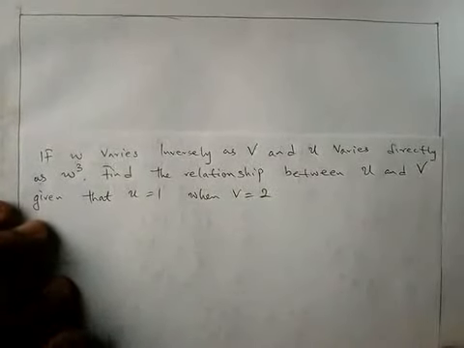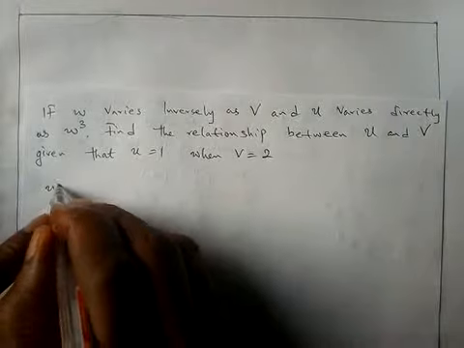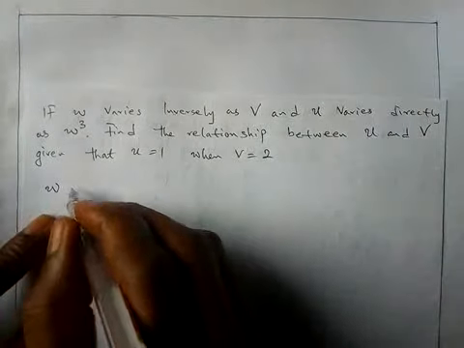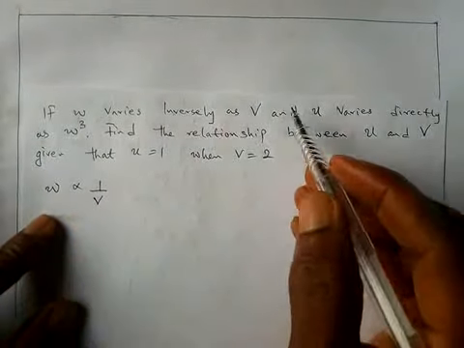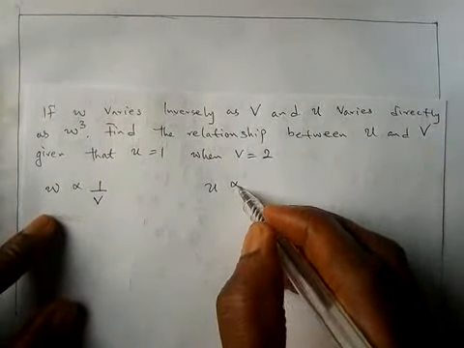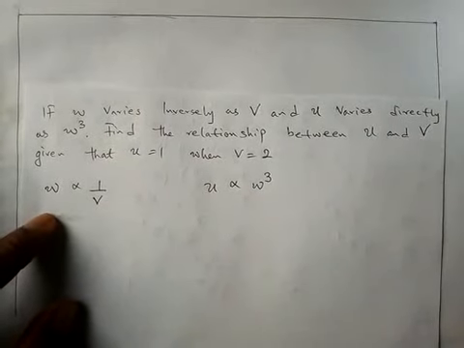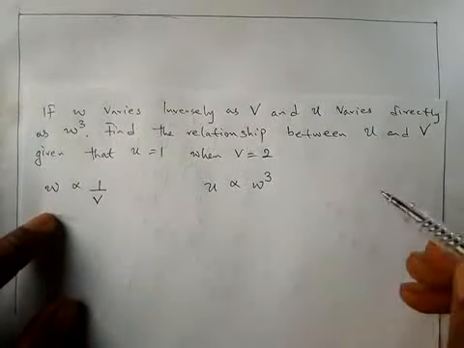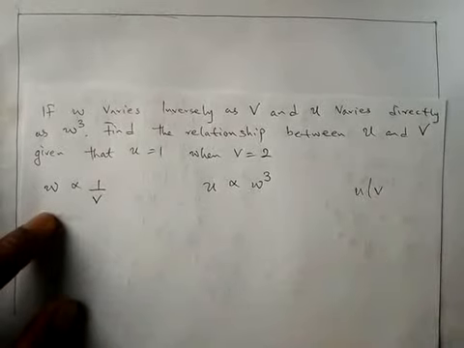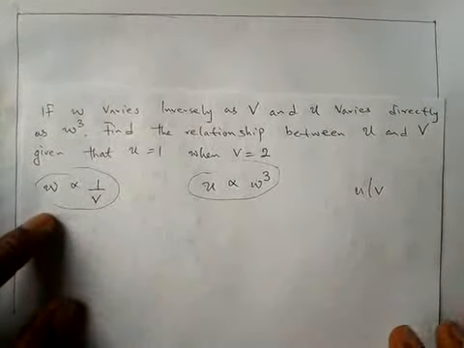Okay, now if you look very well, w varies inversely as v. Then u now varies directly as w cube. We're now asked to find a relationship between u and v. Now, this relationship is between u and w. This is between w and v.